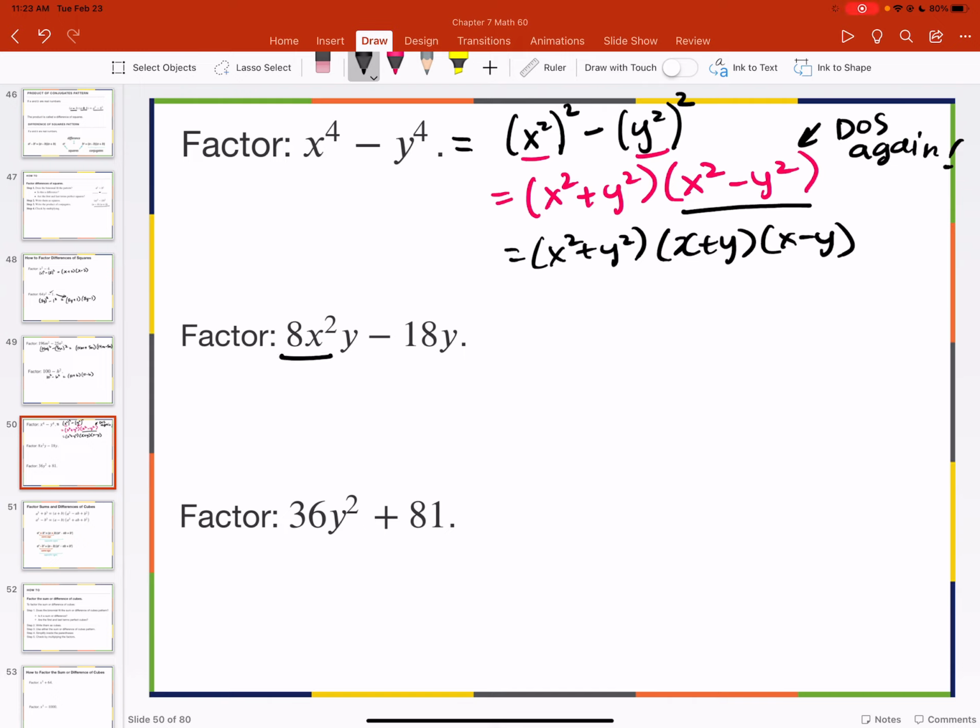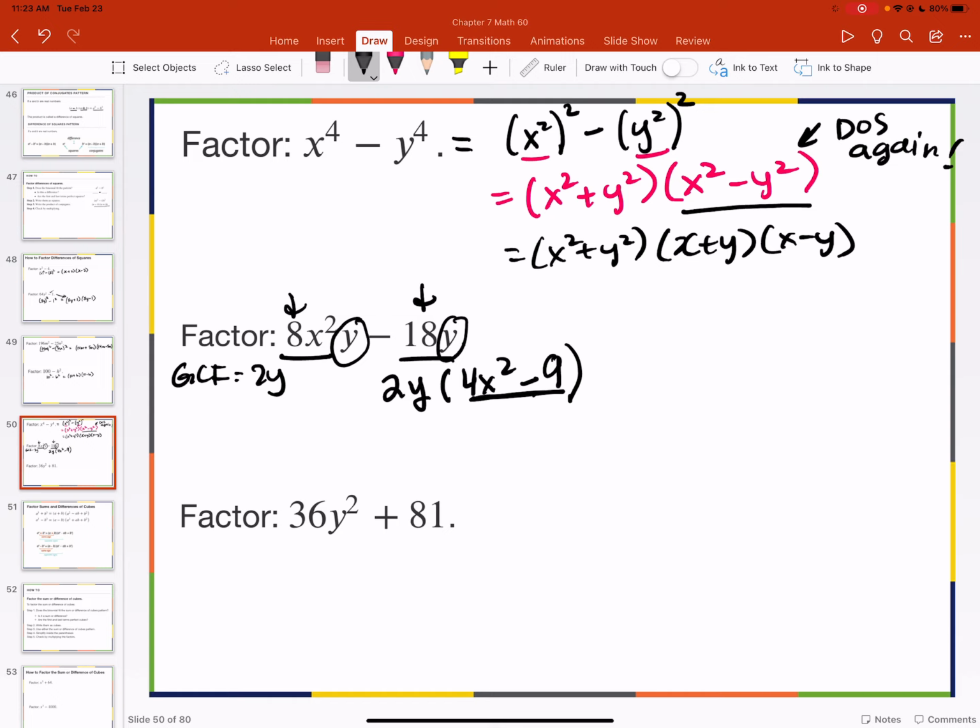Here, this doesn't exactly look like it's in the squared pattern yet. I notice there's a GCF here, and also these are both divisible by 2. So the GCF looks like it's going to be 2y, yeah? Let's factor that out first. That gives us 4x squared minus 9, yeah? This is a difference of two squares, right?